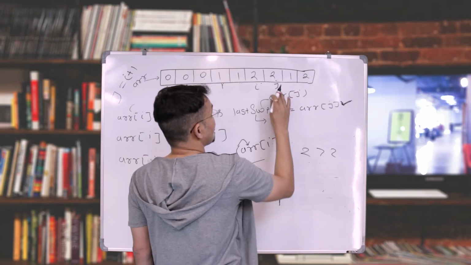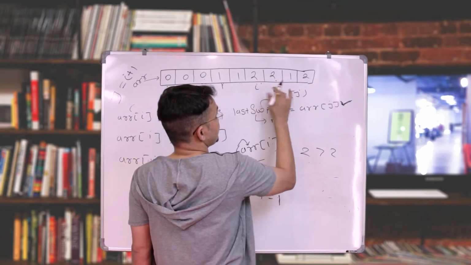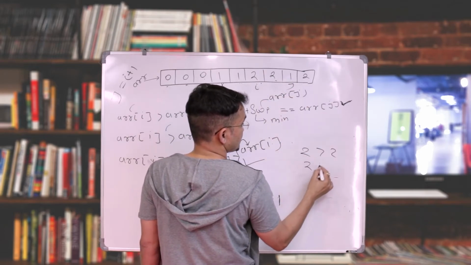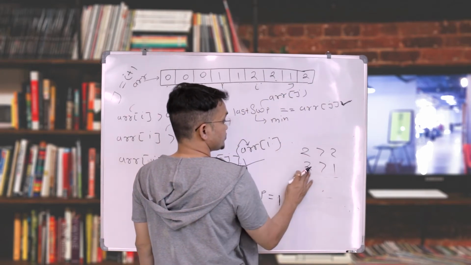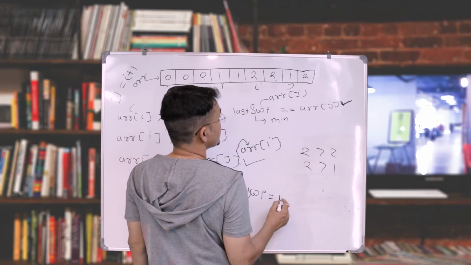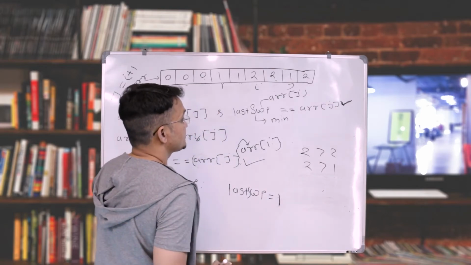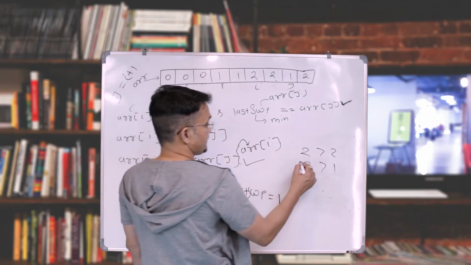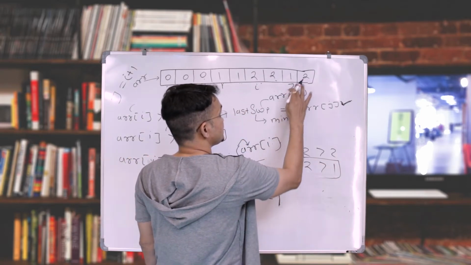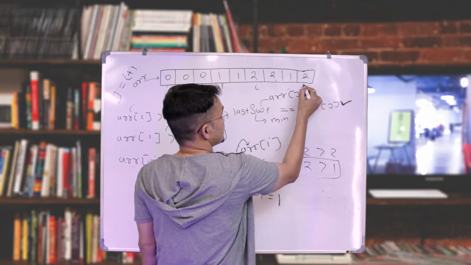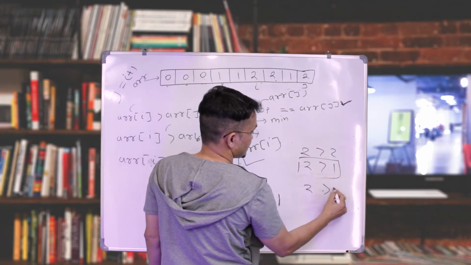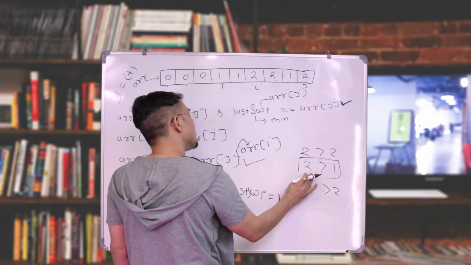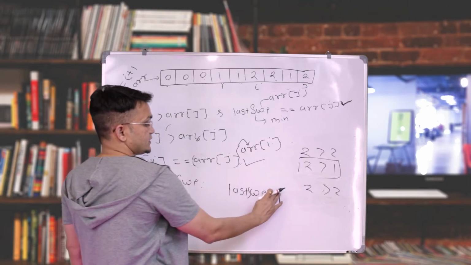Okay, so j will move over here, so j will come over here, correct. 2 is greater than this one, so what happens over here? The last swapped value will get updated, because over here this condition is not getting satisfied. So this was the last condition in which this got satisfied.